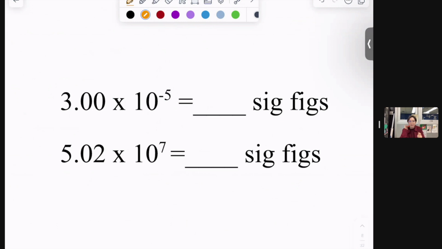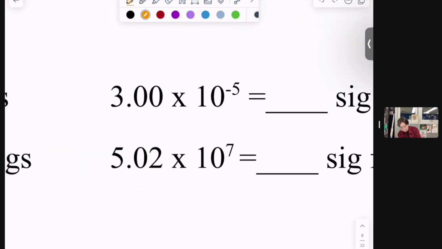These are written in scientific notation that hopefully you've learned about in your class. But same situation. For scientific notation, don't look at this part, that's not a part of the sig fig calculation. Only look at your main piece up in the front. Just looking at that front part, we have ending zeros but with a decimal place. 1, 2, 3 sig figs.